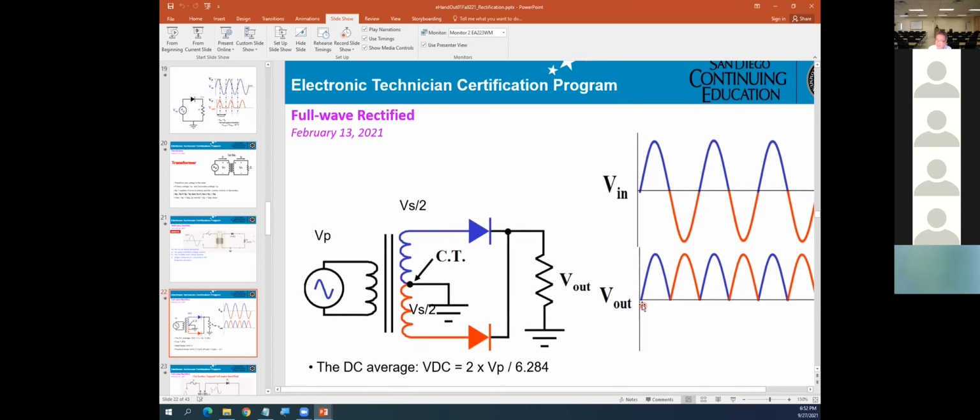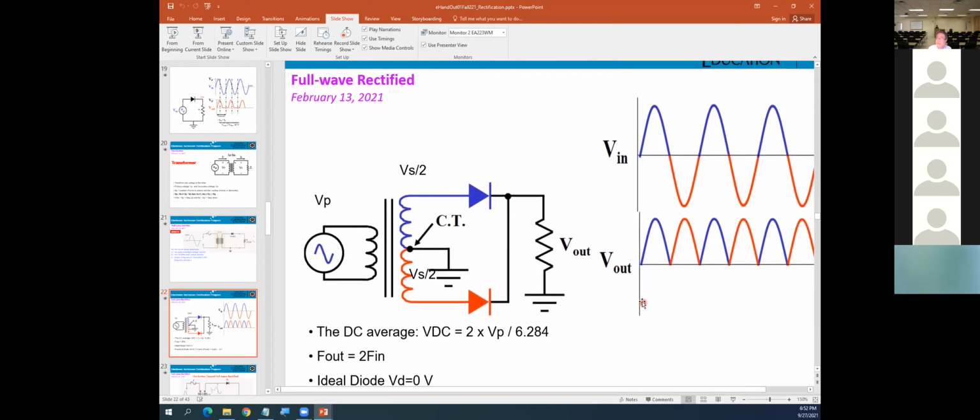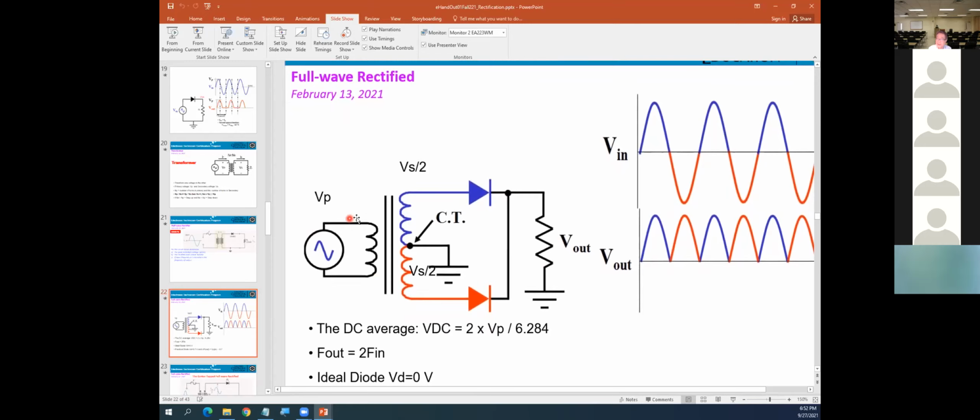In the full wave rectifier, I don't care about DC ever. However, the frequency at the output, the frequency of the input from here to here, that means the output frequency equals double the input frequency. If you get a 1 kilohertz input, you get 2 kilohertz output.